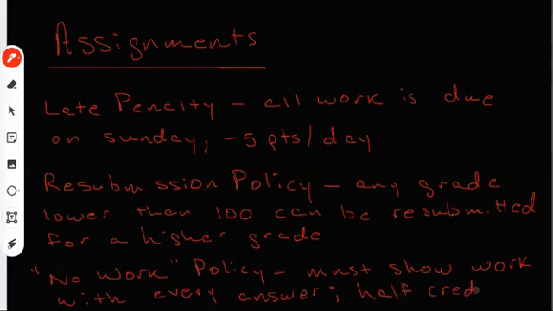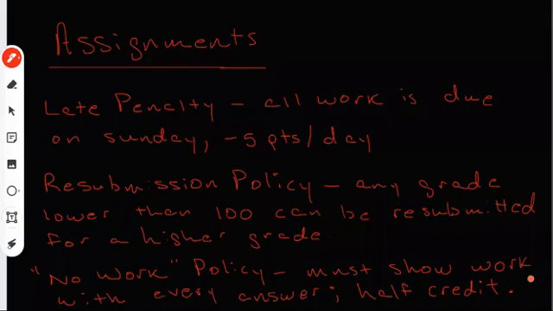Half credit. So then I get asked the question, well, how do you show your work? Well, I'm actually going to show you how to do it on every single lecture. So the way you see me doing the work during the Zoom meetings and on my notes and on my problem sets that I include the answers for, that's the way I want you to show work with every single classwork assignment.